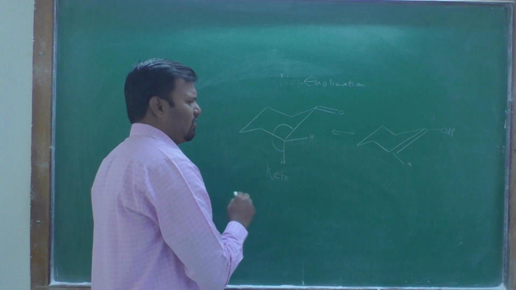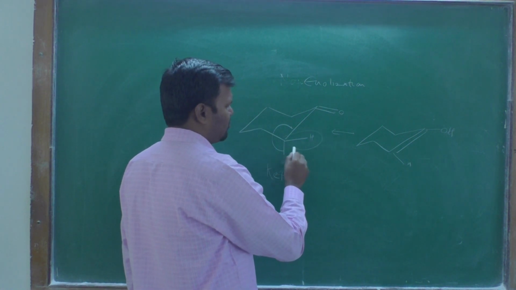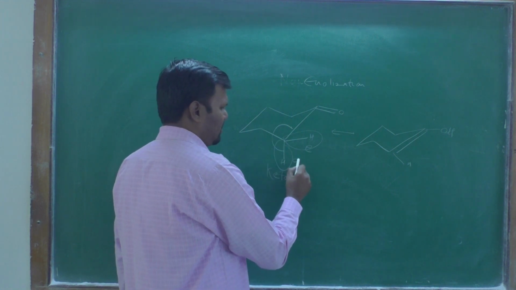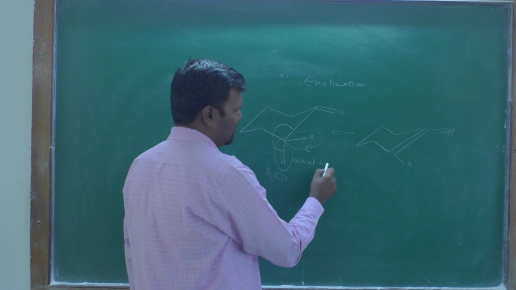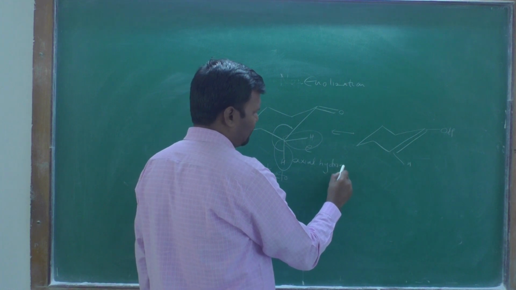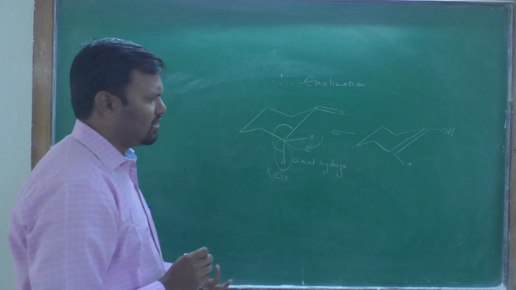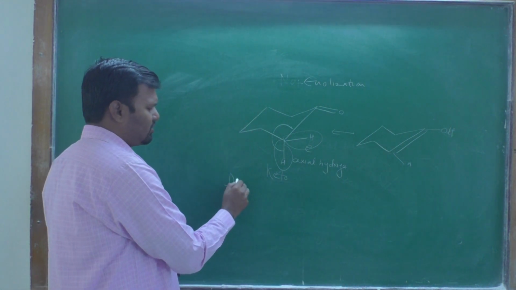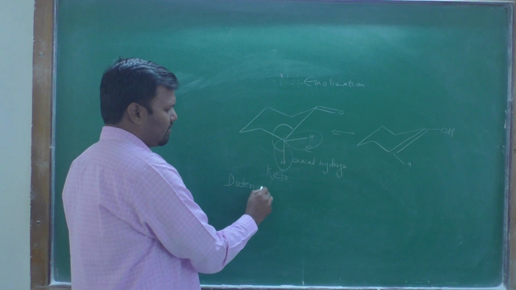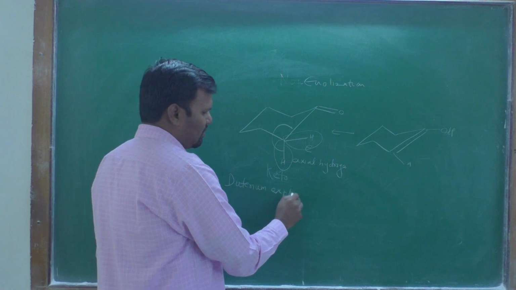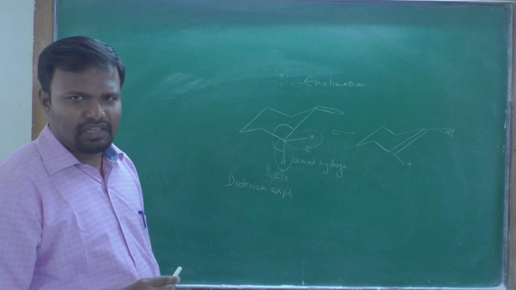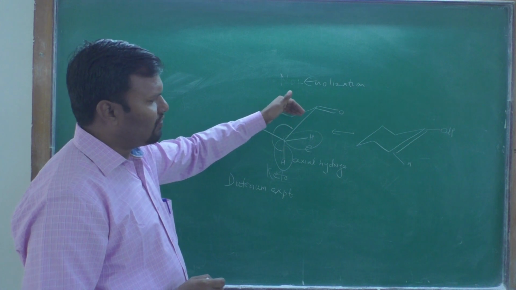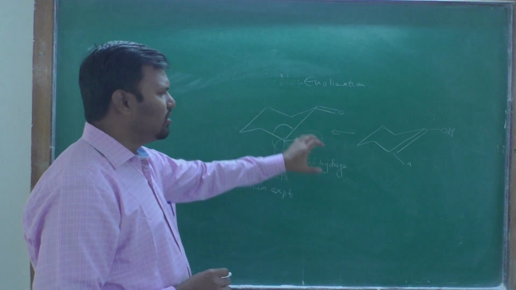In enolization, it could be possible that the equatorial hydrogen is removed or the axial hydrogen is removed. Both hydrogens can give enolization, but a deuterium experiment proves that mostly the axial hydrogen is picked up for enolization, not the equatorial hydrogen.